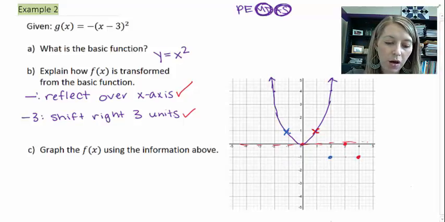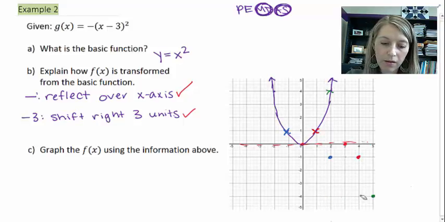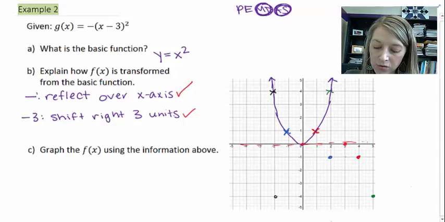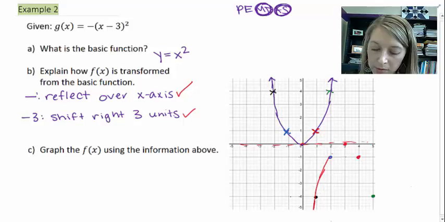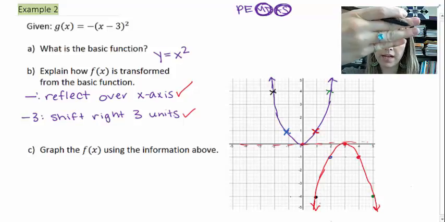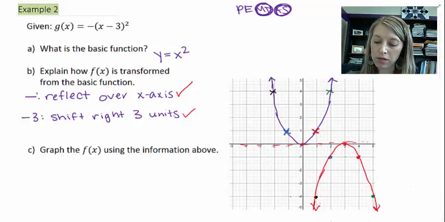And I can do this with all the points if I feel necessary. 4 reflects to -4, shift right, gives me this point right here. And if I were to connect all of these values, this would give me my transformed graph. So here is my parabola that's reflected over the x-axis and then shifted right 3 units.